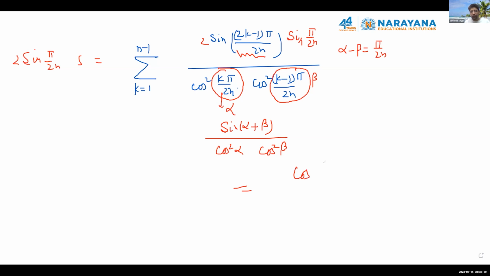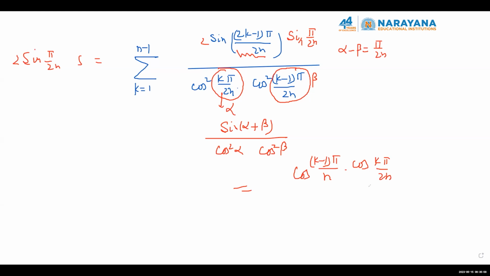So that will be 2k, in fact k minus 1 only, k minus 1 pi by n, right? Into cos of what? Next term. This plus this. So this plus this will be k pi by 2. Correct?